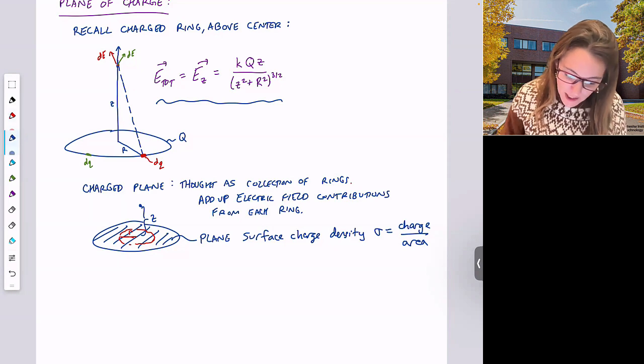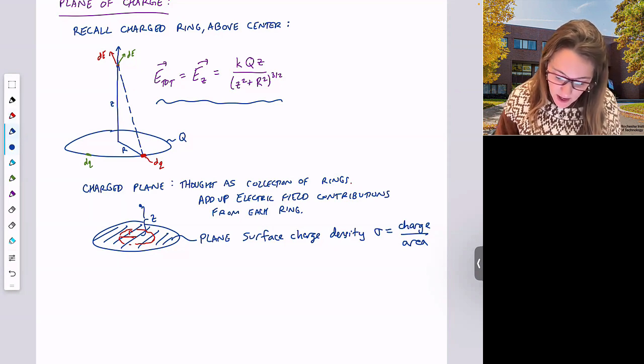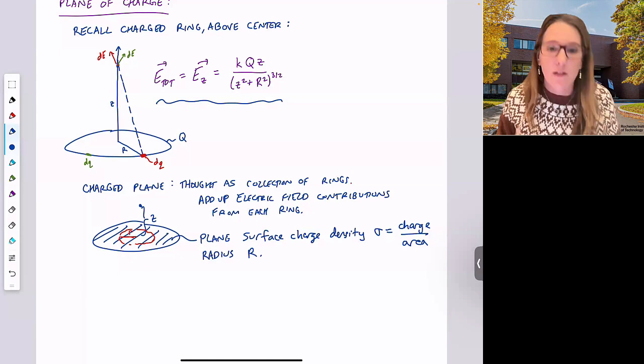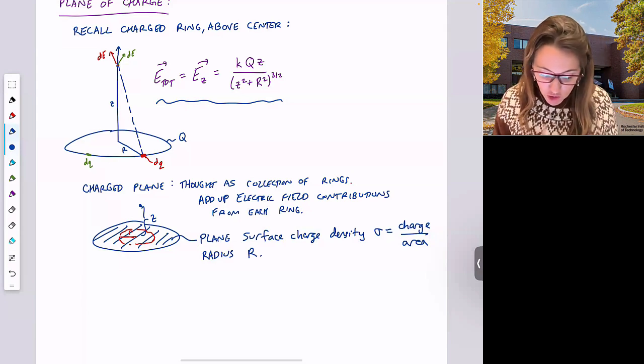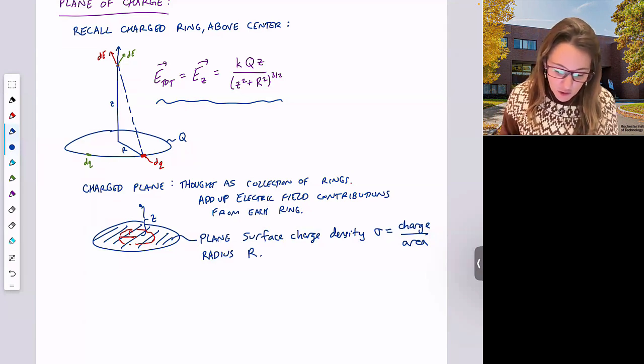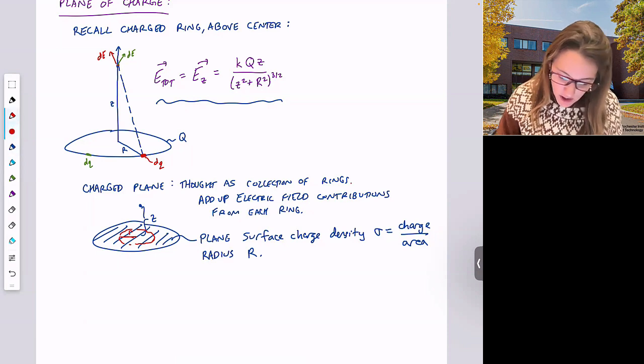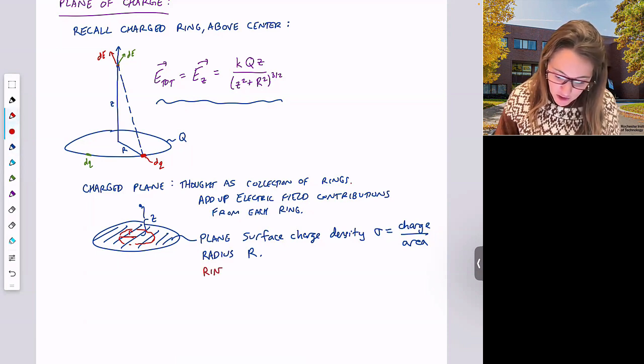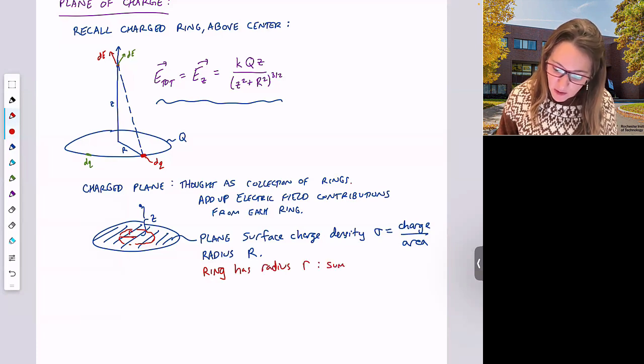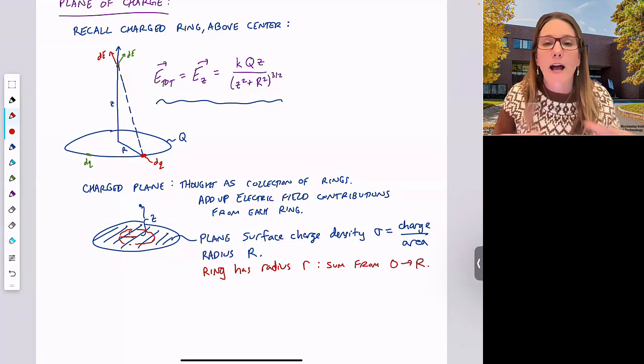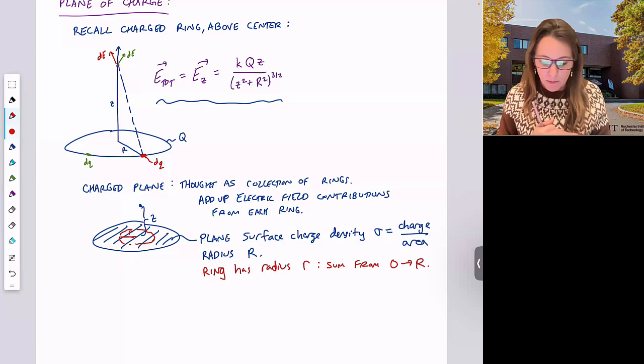The total radius is going to be an outer radius R on this charged plane. And so we're going to use little r for the ring. So each ring has a radius little r, and we'll want to sum from 0 to big R. So we'd want to add up all of our rings in that bit.